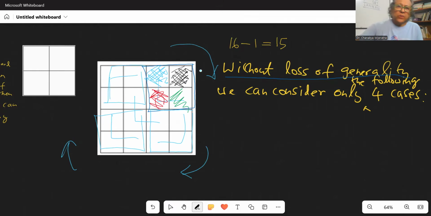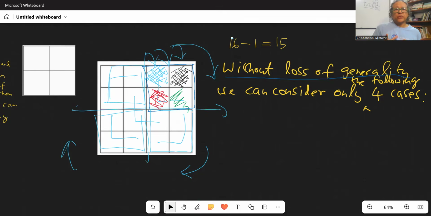So by removing only those four squares, we get four deficient boards, and we will not lose the generality of the proof. The reason is that we can rotate the square board, and then we can cover all 16. We consider the four squares in the first quadrant, in the coordinate plane. So this is the first quadrant, okay?